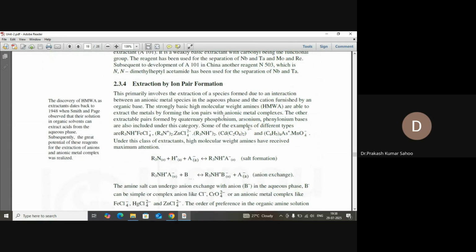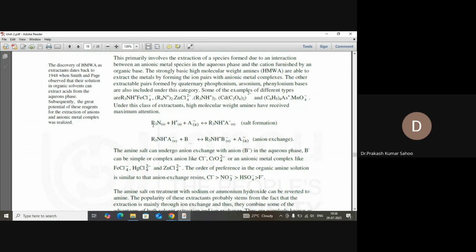Then some extraction of ion pair formation is there. So when a compound in organic phase is now added with an acid H plus in aqueous phase, it will form a salt in organic phase as well as an ion exchange in aqueous phase.